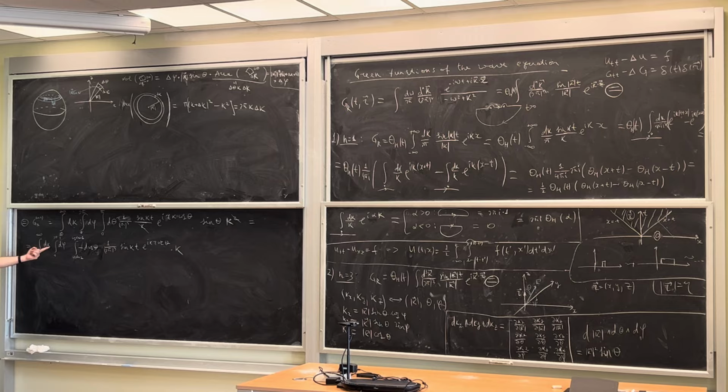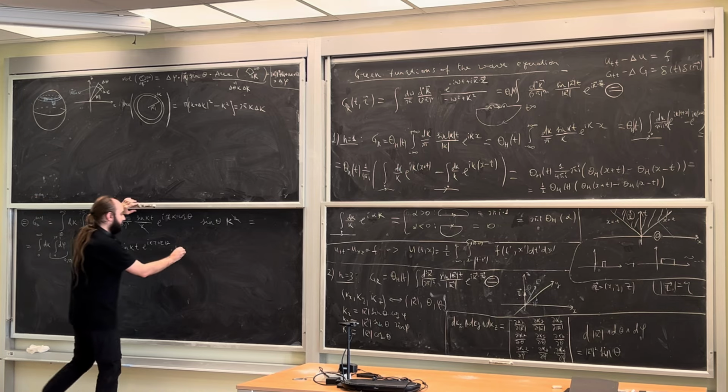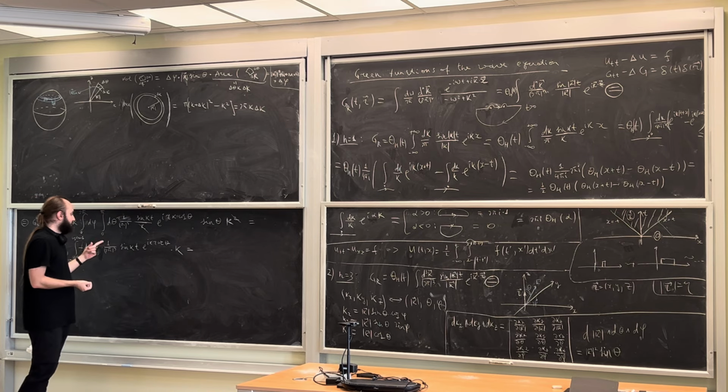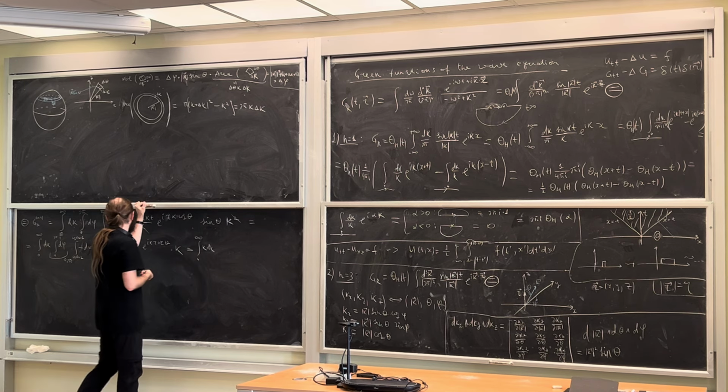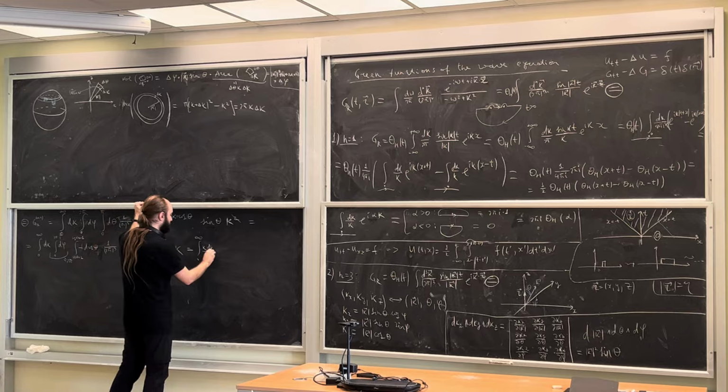Another thing to notice is that the phi integral is equal to 2 pi. This expression under the integral does not depend on phi, so this is simply 2 pi. So what we have is the integral from 0 to infinity k dk over 2 pi squared.